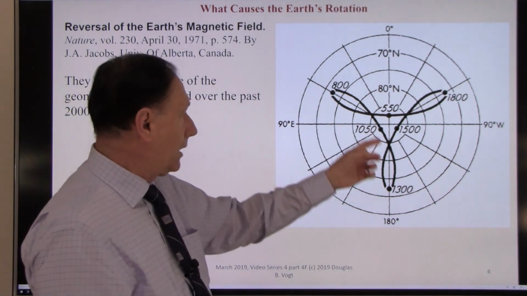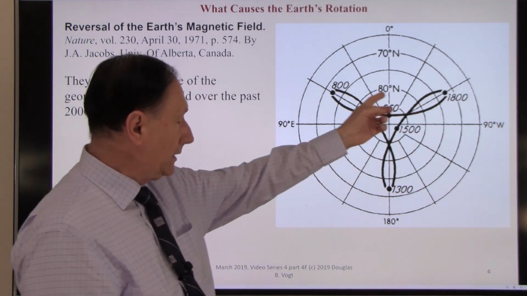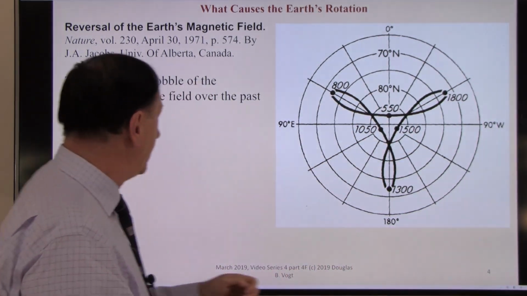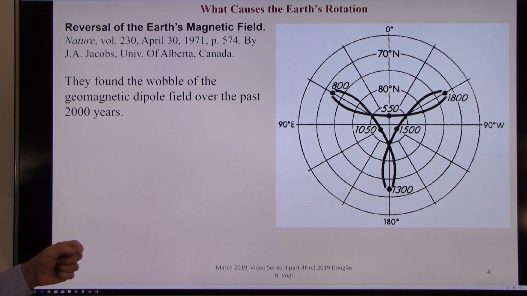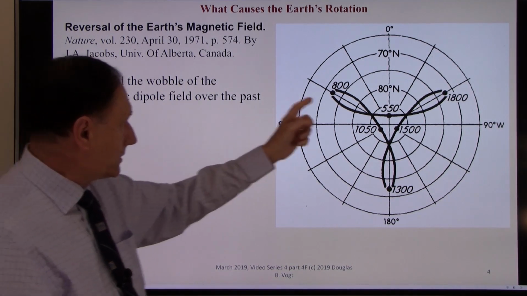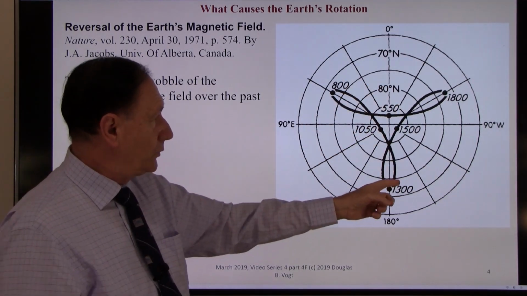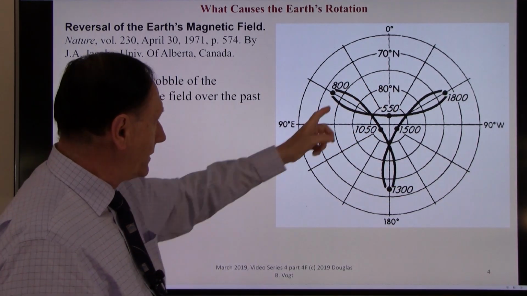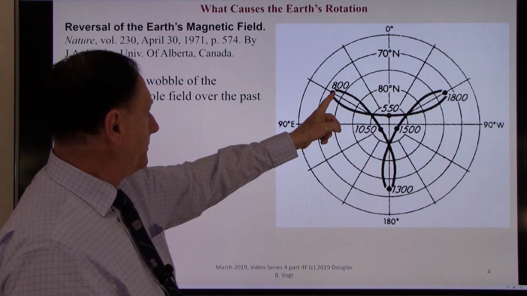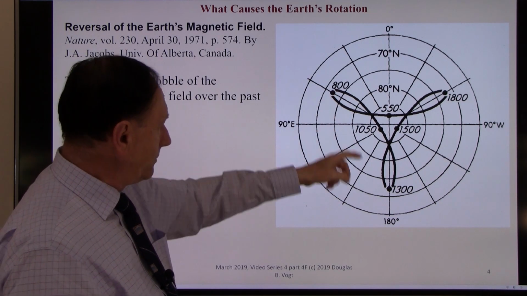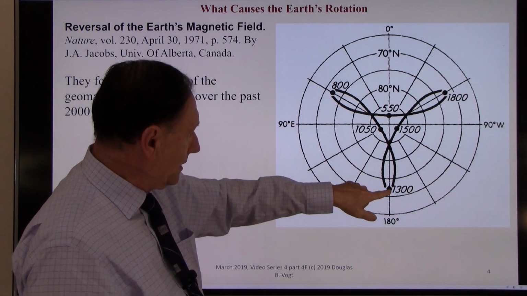This is actually the wobble of the magnetic field of the Earth. Here's the reference for it in Nature back in 1971. And this whole cycle happens over roughly 2,000 years. East would be Novaya Zemlya.